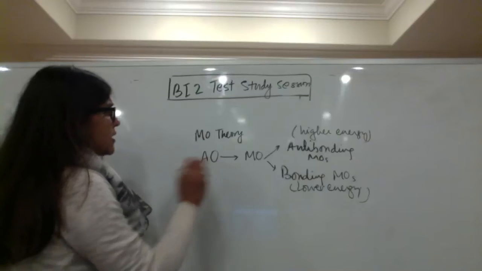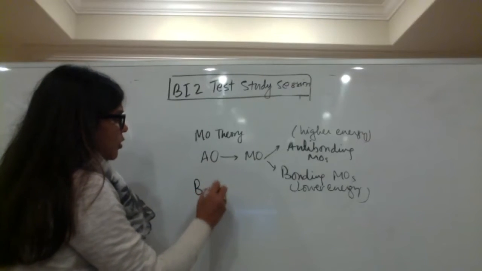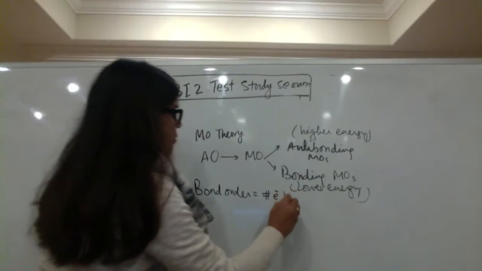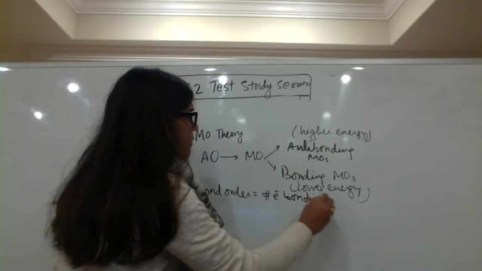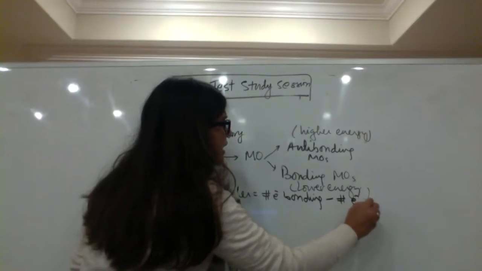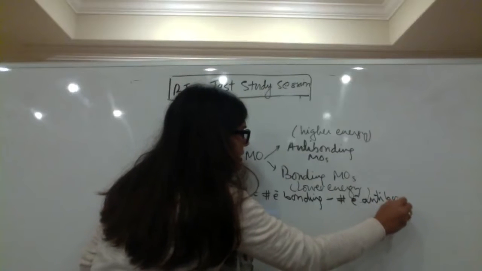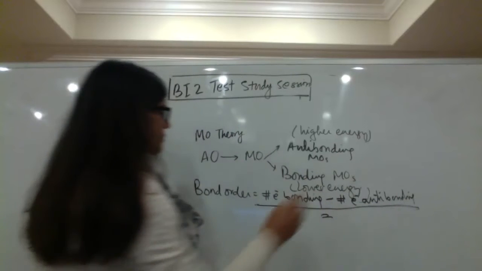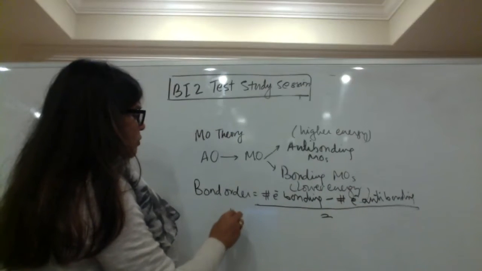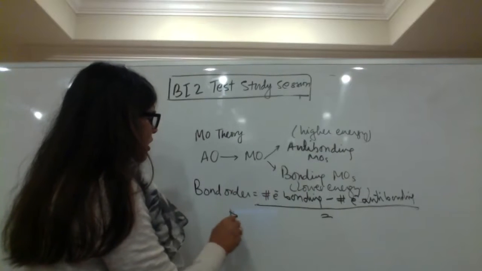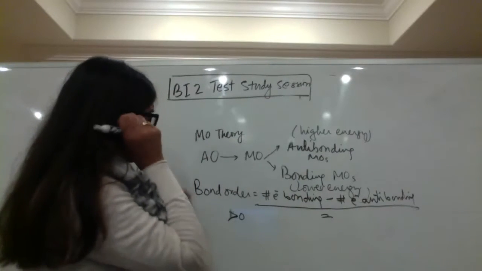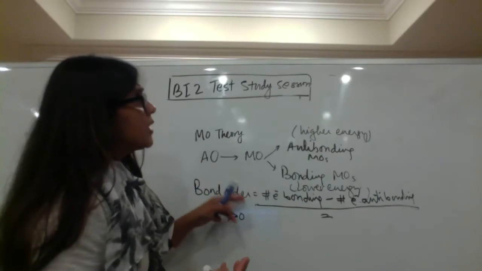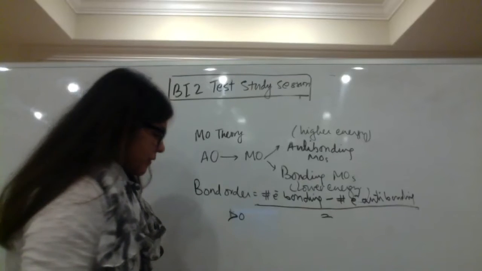And using MO, you can figure out bond order, which is number of electrons in bonding orbitals minus number of electrons in anti-bonding divided by 2. And if a bond order comes out positive or greater than 0, then you know that the molecule will form. Also, the numerical number of bond order tells you how many bonds will be there.